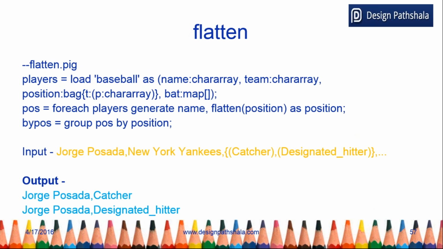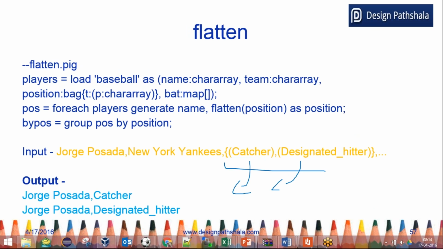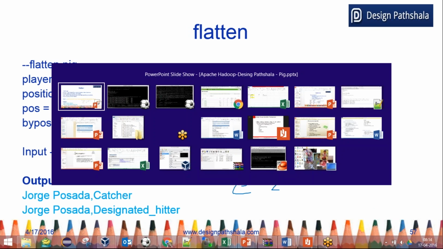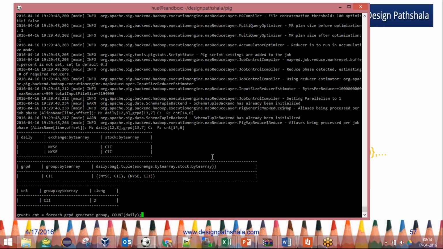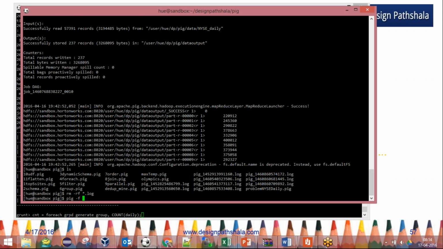Flatten is the vice versa of your group. So if your data is something like this, that will be flattened and each bag will become a row. So if I show you this thing, cat.